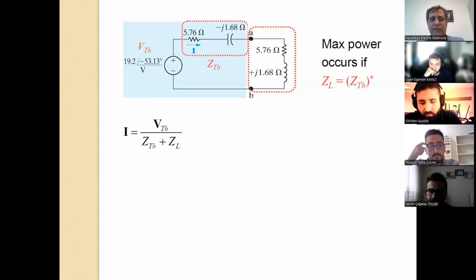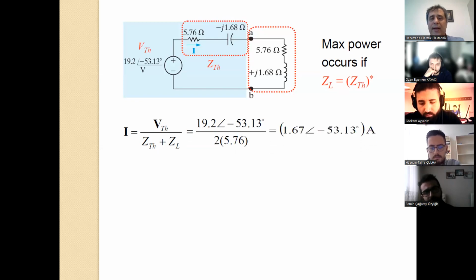This is the current that we draw from the equivalent circuit. When you evaluate that, you are going to have 1.67 ampere in magnitude. All other variations will decrease the current, no matter what.